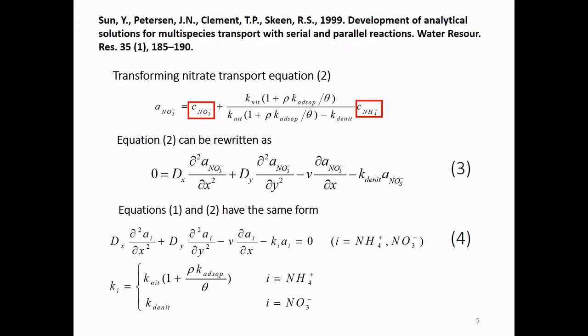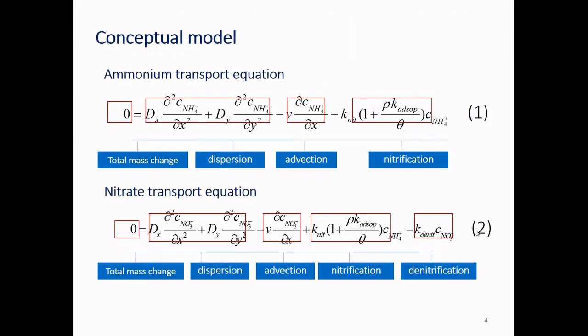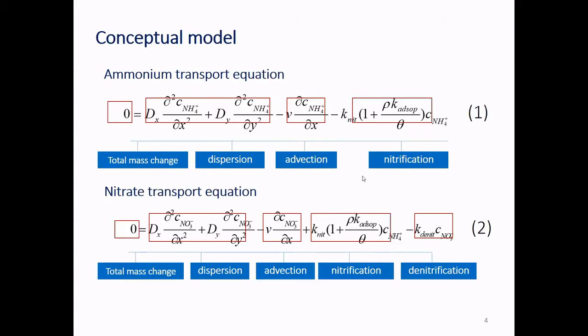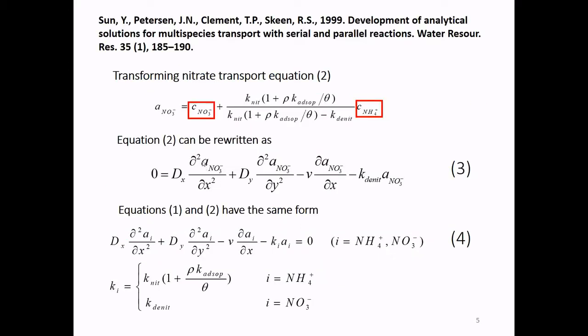And then after this transformation, you can transform equation 2 essentially to combine these terms together into this A term. You see here, there were 1, 2, 3, 4, 5 terms or parts in this equation. After the transform, all the C concentrations become A, and then the last term becomes 1.